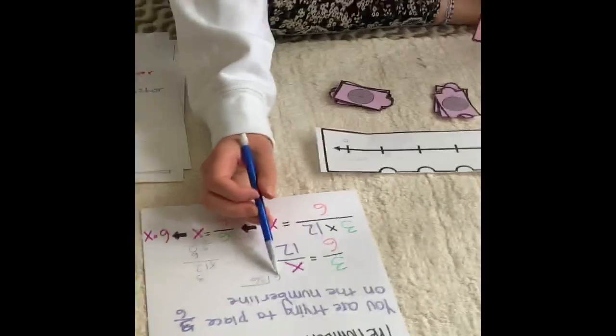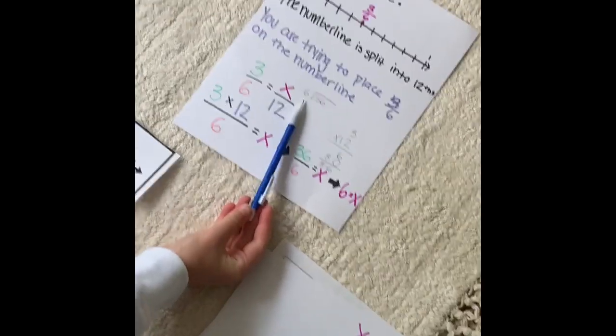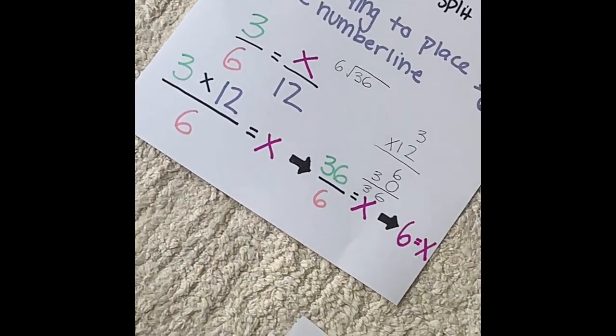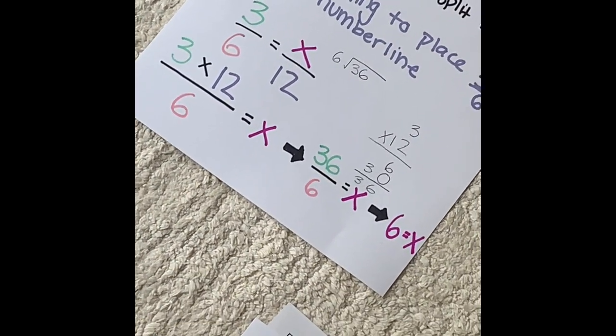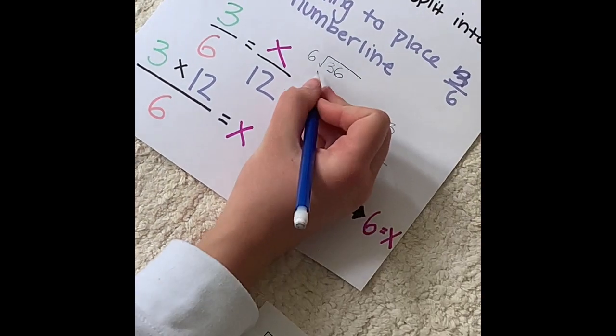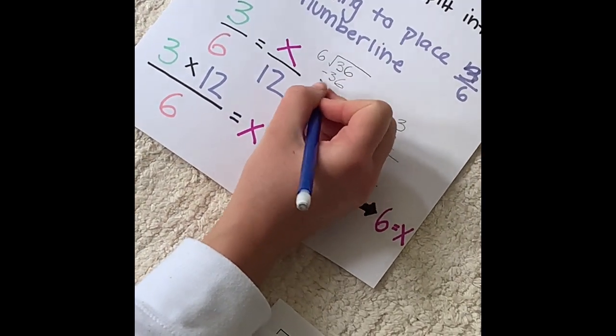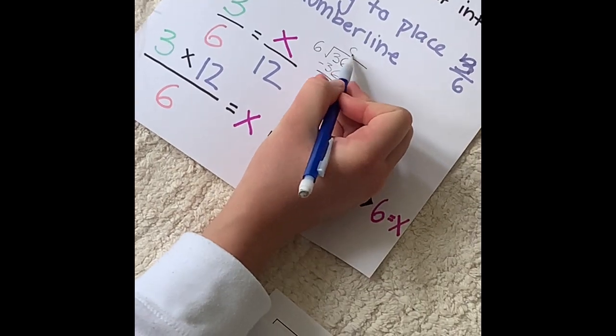How many times does 6 go into 3? 6 does not go into 3, so we have to go to 36. We know that 6 goes into 36 6 times. We subtract 36 and we have 0, and we have 6 as our answer.